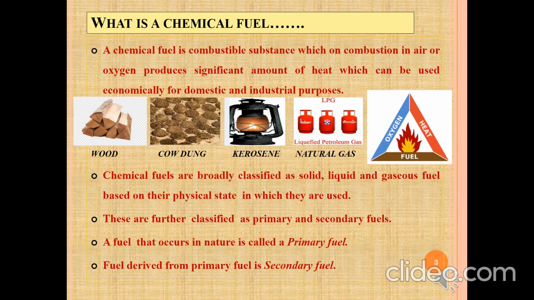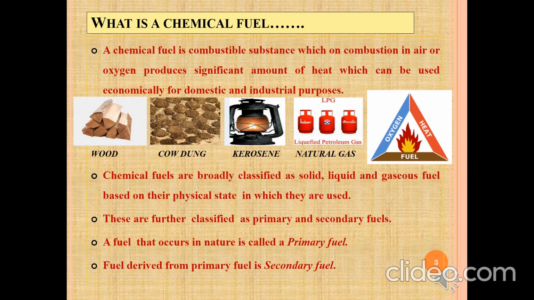Chemical fuels are broadly classified as solid, liquid and gaseous fuel based on the physical state in which they are used. These are further classified into primary and secondary fuels. Primary fuels are the fuels which are found in nature.